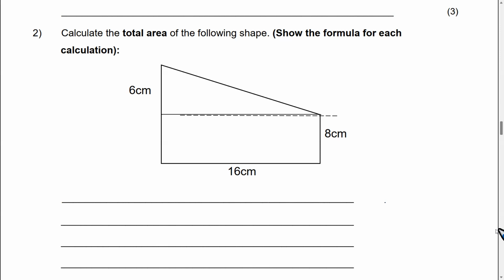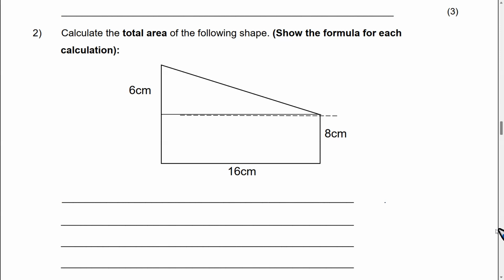How did you get that? So you had to multiply 6 times 16 times 8, then also multiply the centimeters, which gives you centimeter cubed.